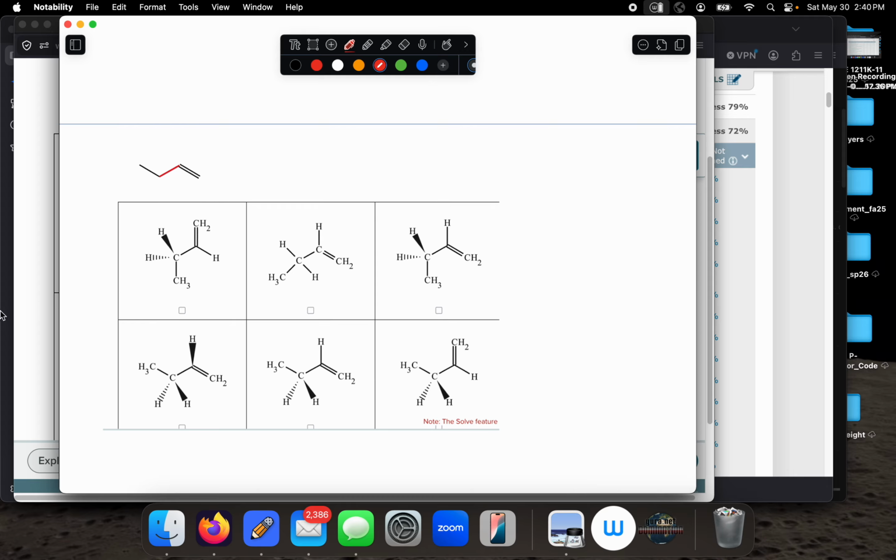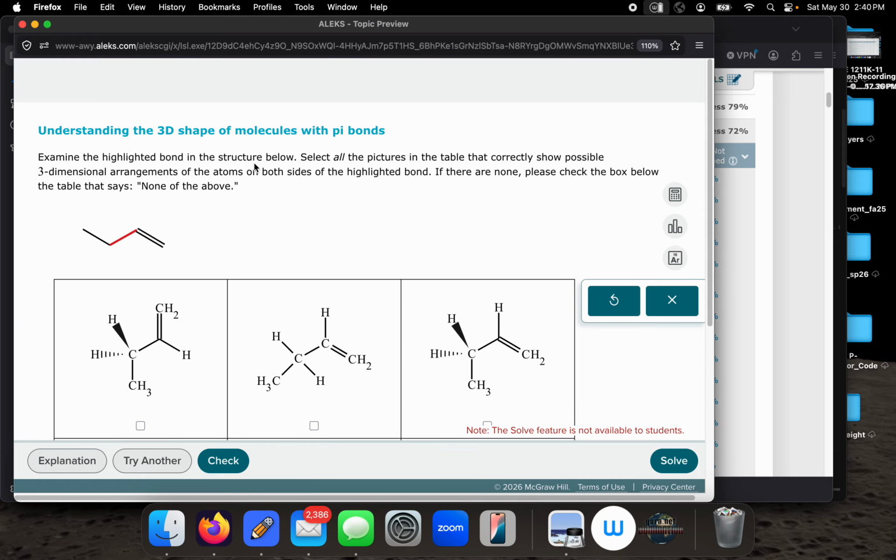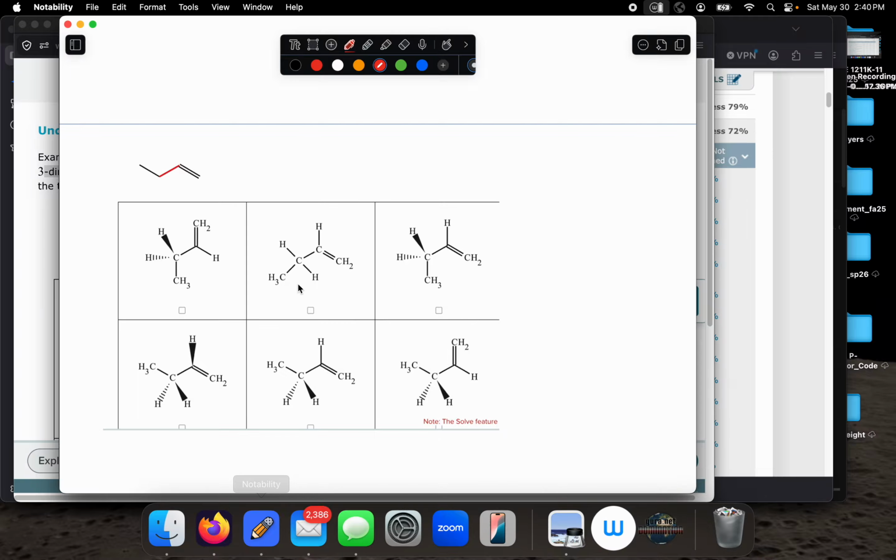Is it allowed to rotate? If it's allowed to rotate, all possible 3D arrangements. Yeah, it looks like it might be allowed to rotate. That's a single bond right there. So there will be some rotation about this bond, no problem. So we could get a couple different things here.